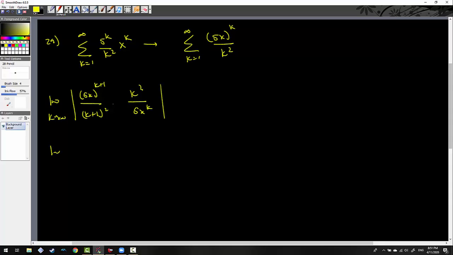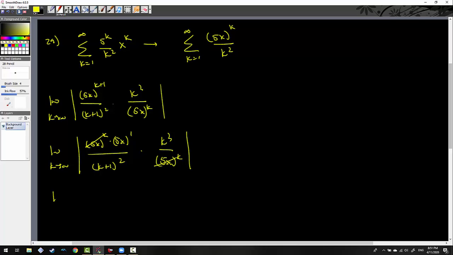And now from here, I'll go ahead and just split up my terms, so 5x to the k times 5x to the 1 over k plus 1 squared times k squared over 5x to the k. And I apologize, that should be in parentheses as well. The 5x to the k's all go away, and I think that's all that's going to go away.